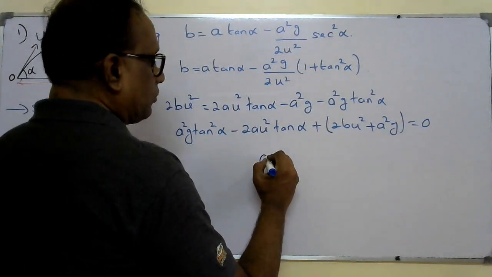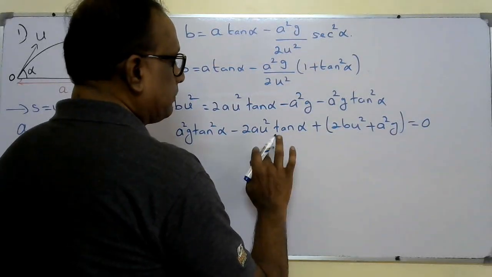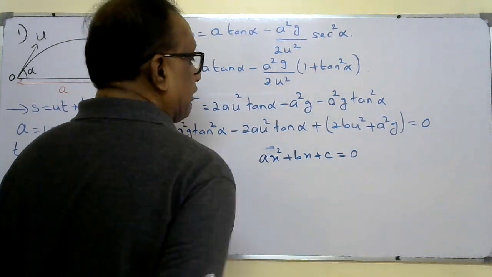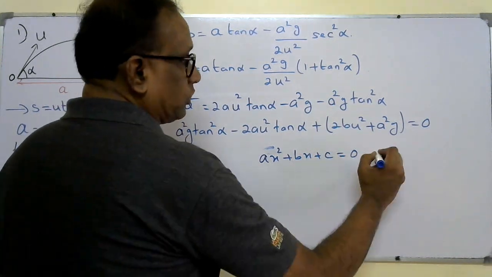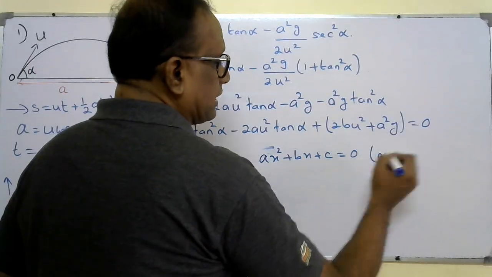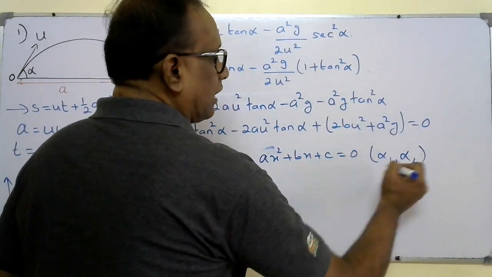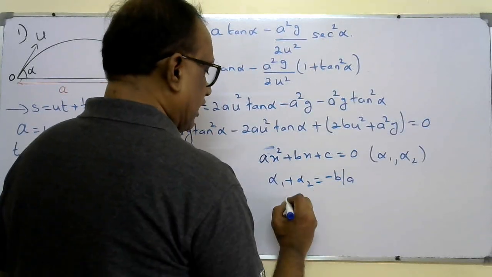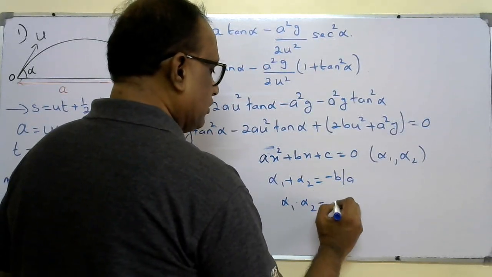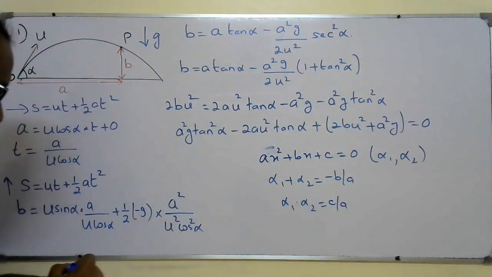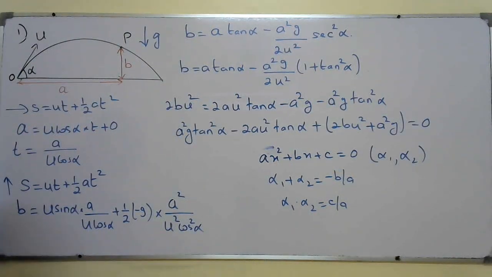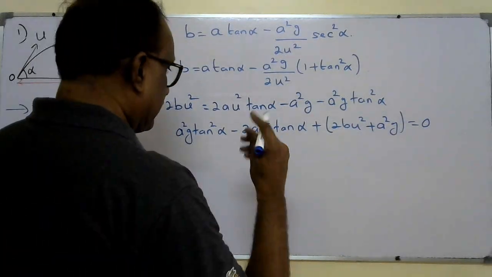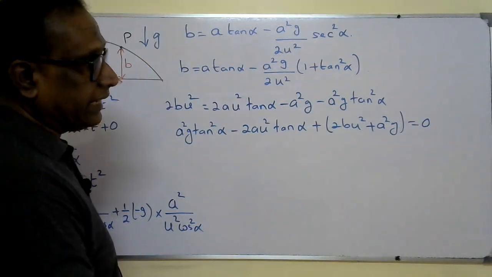You know that in a quadratic ax squared plus bx plus c equals 0, if the roots are alpha and beta, then the sum of the roots is minus b over a, and the product is c over a. I'm going to use the same thing here. So the roots are tan alpha 1 and tan alpha 2.